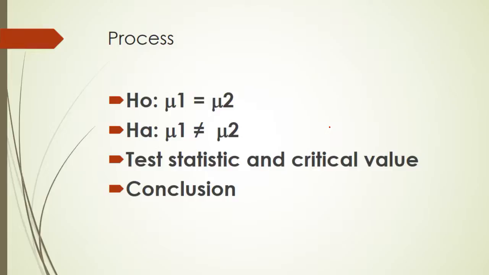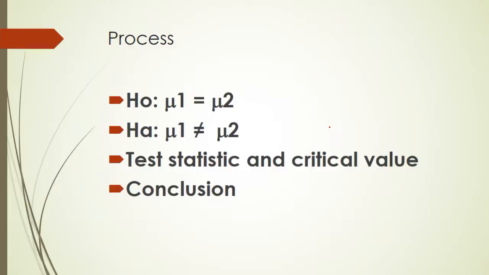Remember that our null hypothesis is always that there's no difference. So the null hypothesis has to be men and women are paid the same. It has to be California and Nevada are the same. It has to be Las Vegas and Reno are the same. It has to be the Bellagio and the Mirage are the same. And then we have an alternative hypothesis that they're not equal, that mu1 is not equal to mu2.